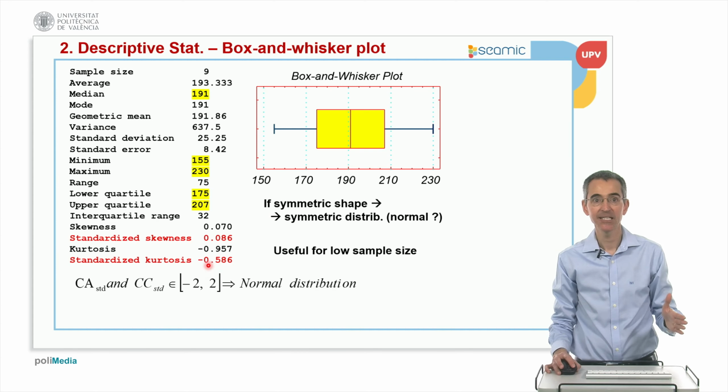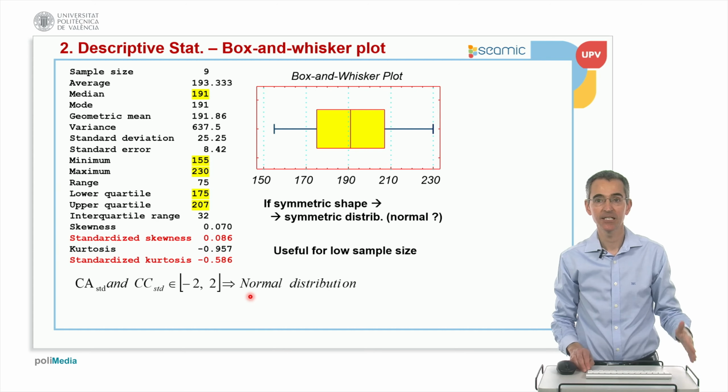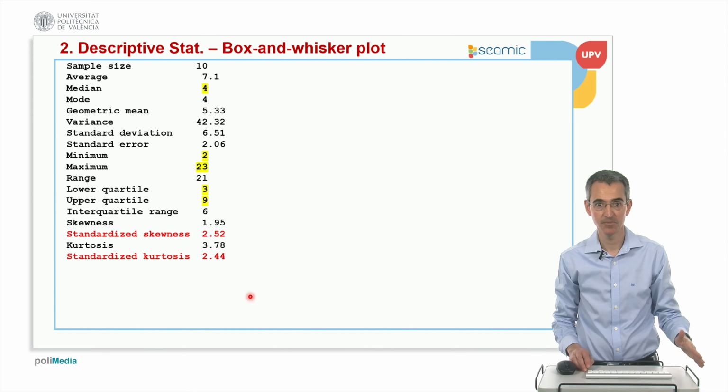Interestingly, if we check the standardized skewness and kurtosis coefficients, both of them are between -2 and 2. In the previous video, I explained that this was a rule to conclude that the sample can be considered as obtained from a normal distribution.